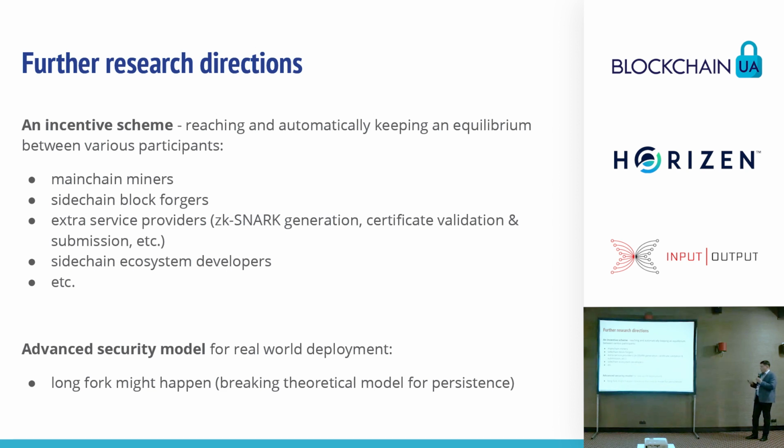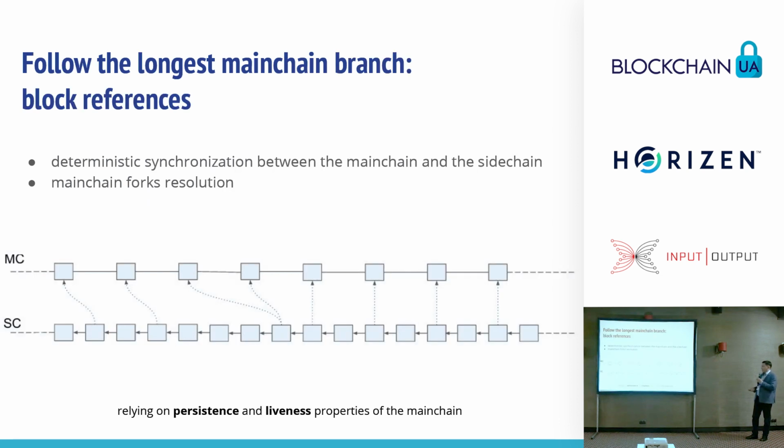Currently we rely, as all the rest of the sidechain developers, on the persistence and liveness of the main chain. So, if we reach some point, and after this point we have the necessary amount of confirmation blocks, in this case, we consider that this part of the blockchain is immutable.